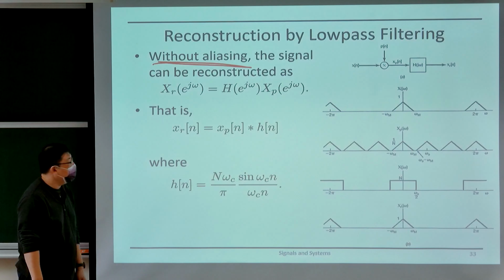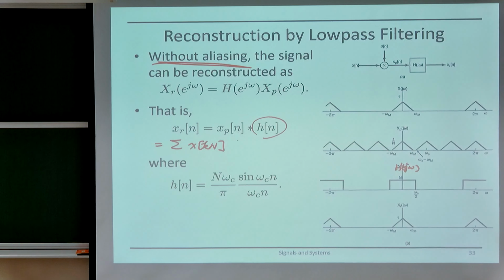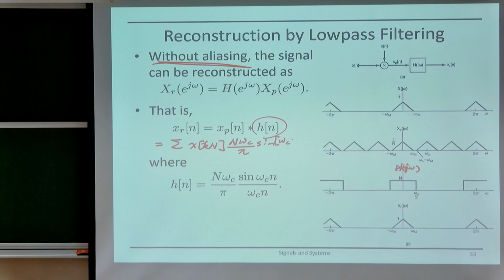If you plug this sinc function into h[n] here, you get the summation of x[kN] times omega c N over pi, times sin(omega c (n minus kN)) over omega c (n minus kN).